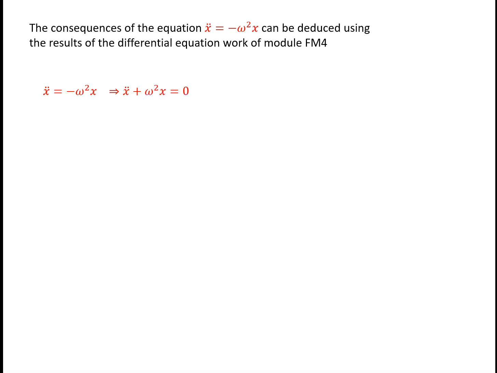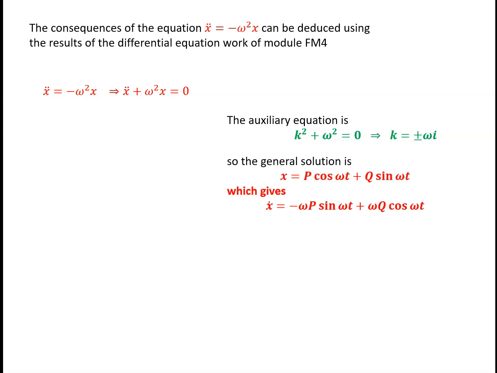So the equation d2x by dt squared plus omega squared x equals 0 has an auxiliary equation which is k squared plus omega squared equals 0, which tells me that k must be 0 plus or minus omega i, which in turn tells me that the general solution of the equation is x equals p cos omega t plus q sin omega t, and differentiation of this tells me that the velocity, or dx by dt, is minus omega p sin omega t plus omega q cos omega t.